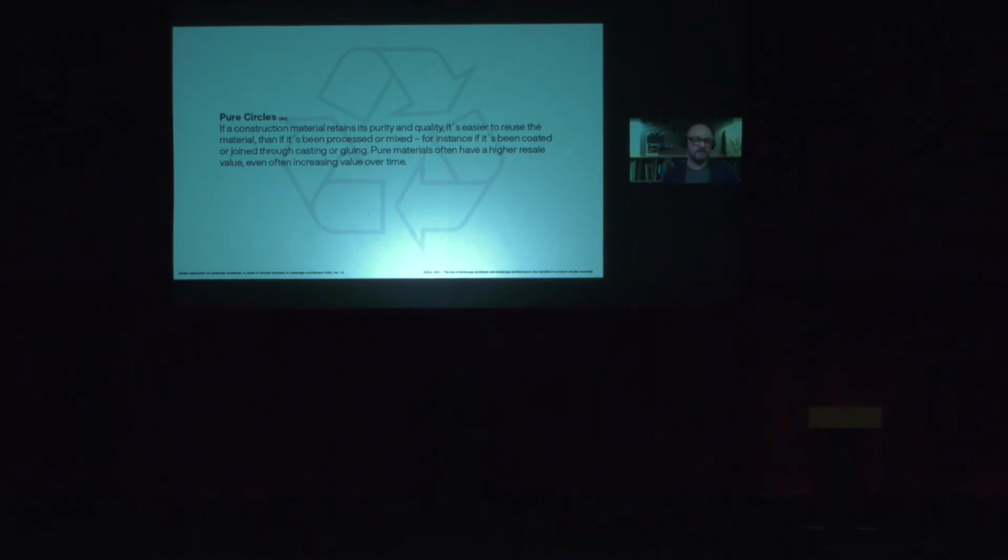The fourth circular principle is called pure circles, and this refers to attempting to retain the purity or quality of construction material. If we can design in ways that allow us to deconstruct or to disassemble these structures in the original pure parts, it's easier to reuse materials than if they've been mixed or processed in some way.